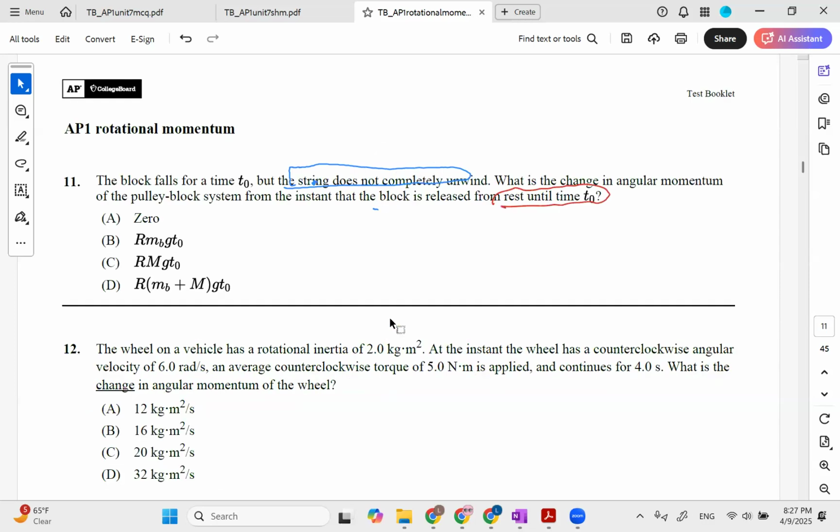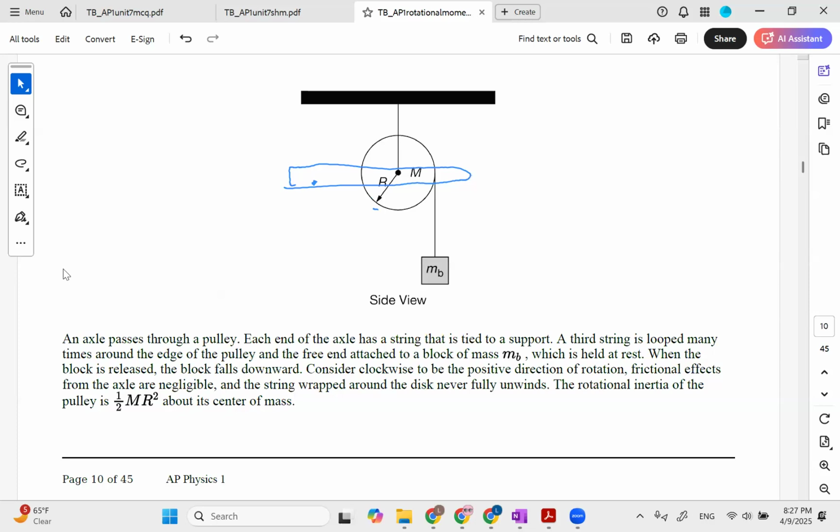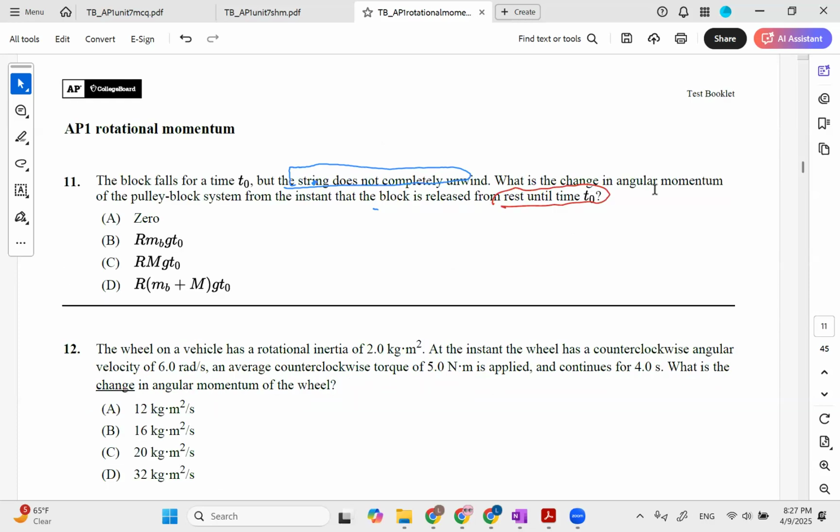So in this case, you look at this question, and you are looking for change in angular momentum. When you are looking for change in angular momentum, what equation can you use? Torque times time.